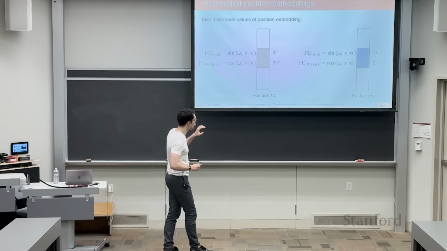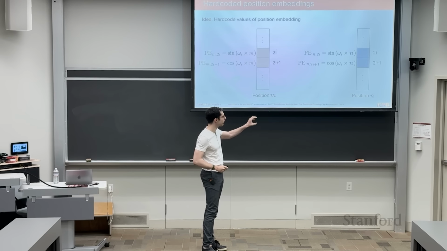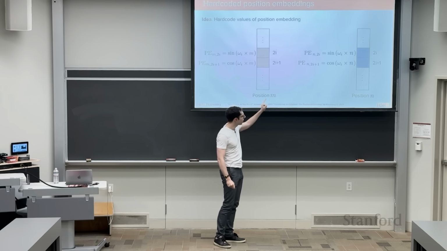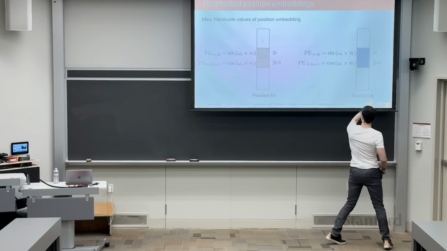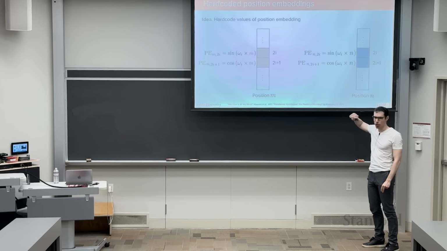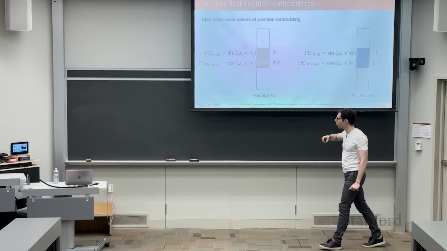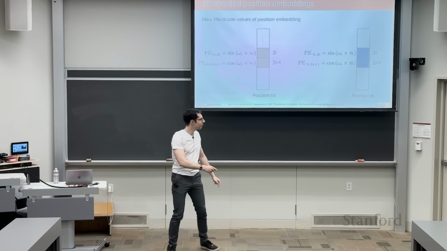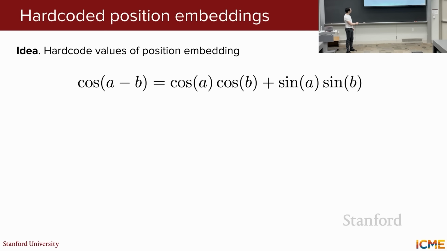Let's suppose you have two position embeddings, one at position M and the other at position N, and you compute all the values from this predetermined formula. If you remember your trigonometry formulas, cosine of A minus B is equal to cosine A cosine B plus sine A sine B, right?